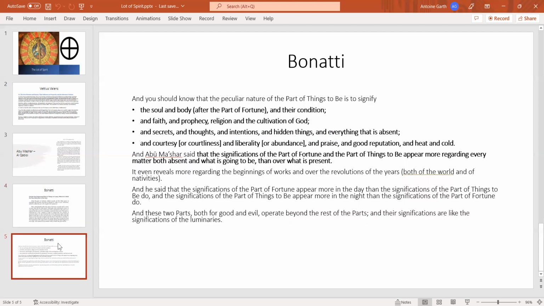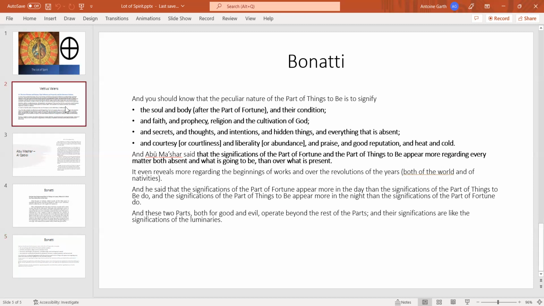But the important thing I want to come to, what was that thing? Did I talk about it? Oh, here, yes, we did. And so, as I mentioned, he basically says all of the same things that Abu Mashar did: the soul in the body after the part of fortune and their condition, and faith and prophecy, religion, and the cultivation of God, and secrets and thoughts and intentions, and hidden things.